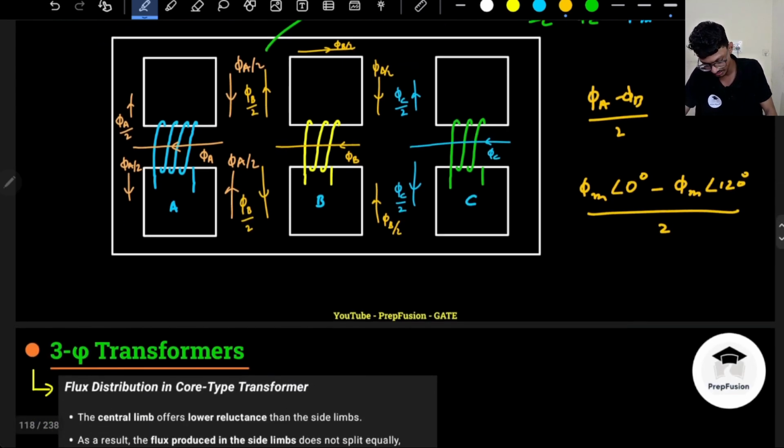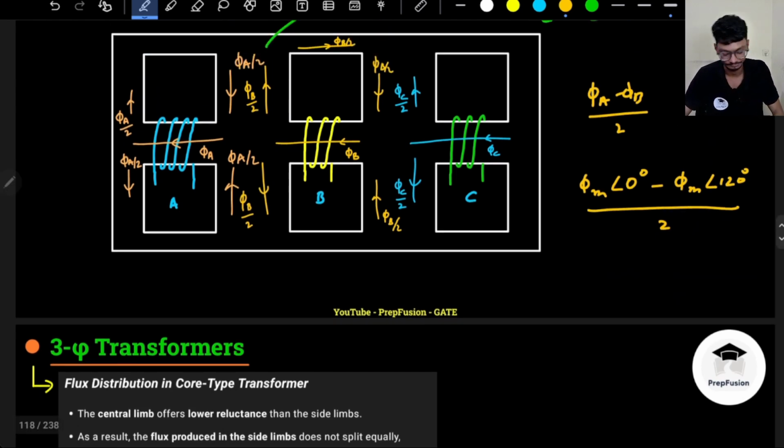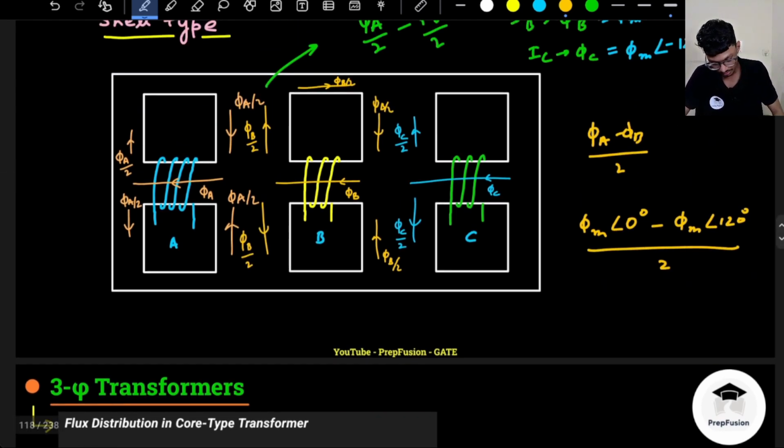I can very easily solve this. If I break it down into real and imaginary portions, this will be phi m angle 0 only, so this will be phi m only.